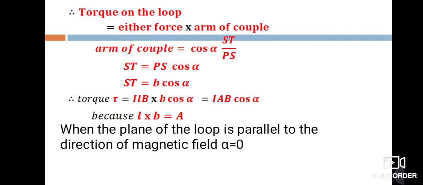When the plane of the loop is parallel to the direction of the magnetic field, meaning alpha is equal to 0, at that time torque tau is equal to IAB cos alpha. So cos 0 is 1, then torque tau is equal to IAB. In this case, when the plane of the loop is exactly parallel to the direction of the magnetic field, it experiences a maximum torque.